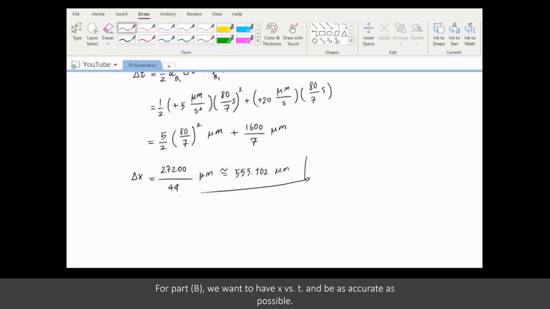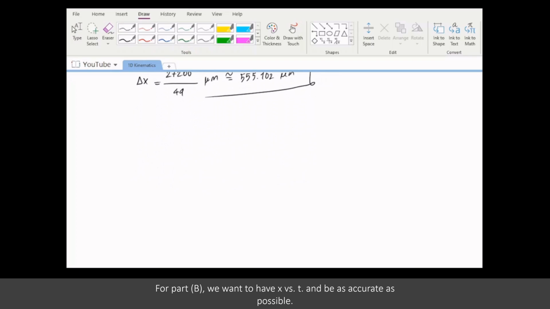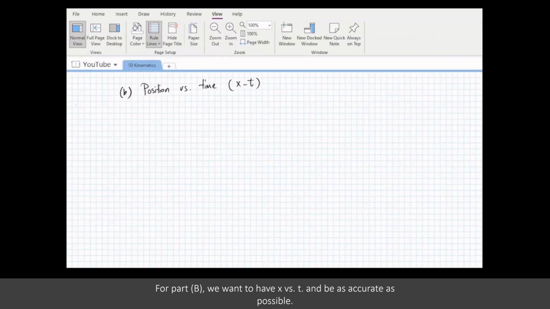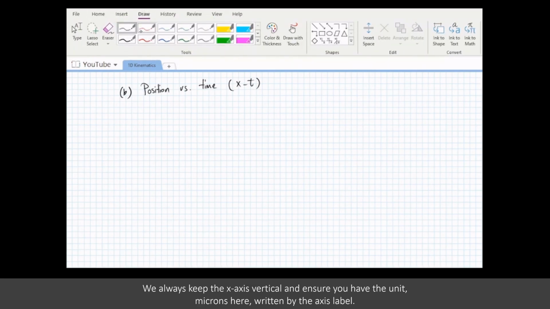For part B, we want to have x versus t and to be as accurate as possible. We always keep the x-axis vertical and assume you have the unit, microns here, written by the axis label.